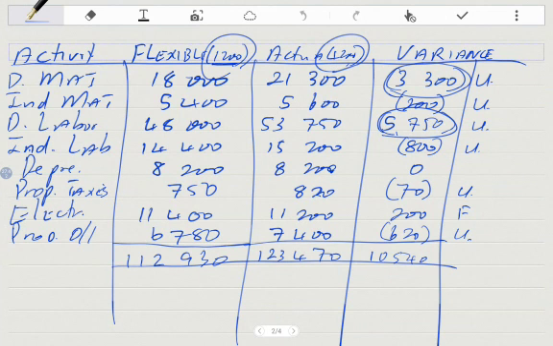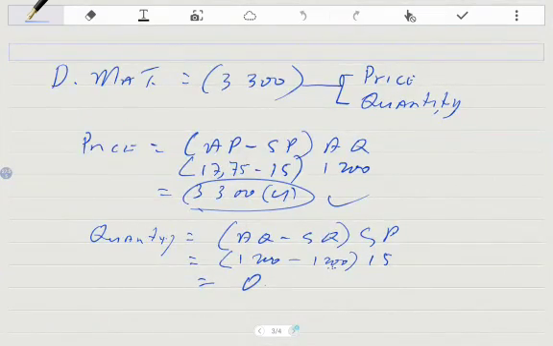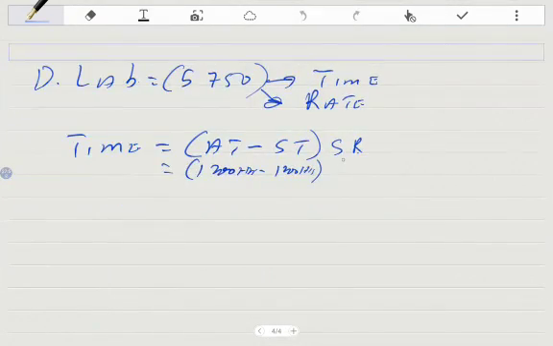Then it gives you 40. Standard rate will be 40 rands. So this one will end up with 0. So we can say, okay, it's not the time. So chances are it's the rate that causes all this difference.